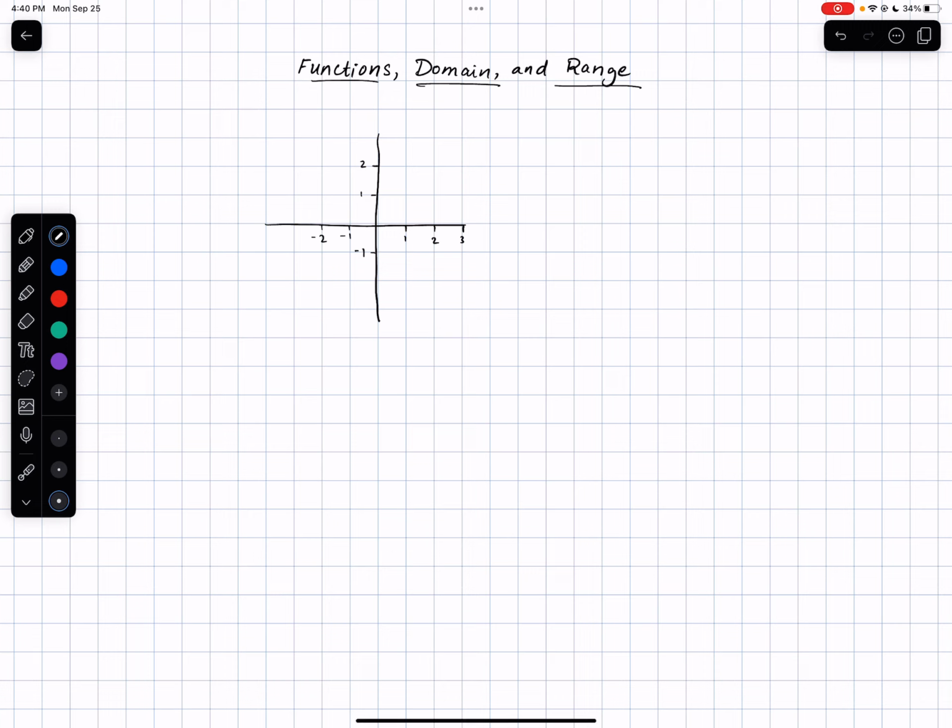Let's say we have this line that has a slope of 2, something like this here, and then maybe something here. So the line kind of connects together like this.